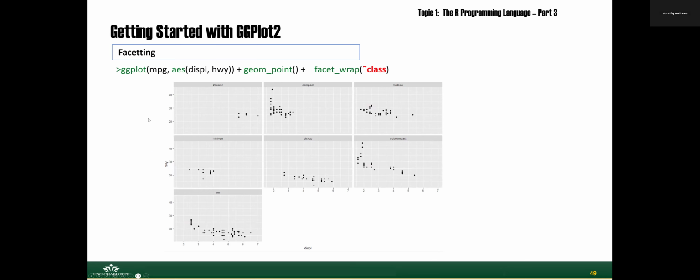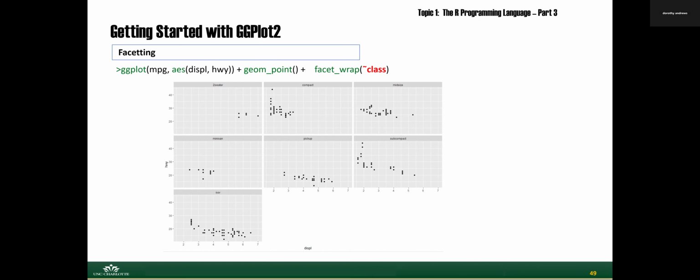But when we look at the graph, we can see that some are interesting, some are not so interesting. And a large reason why some of these are not that interesting is because they don't have much data. But you can see in the two-seater cars, when we have a large engine, our mileage tends to be lower than most of the other cars.